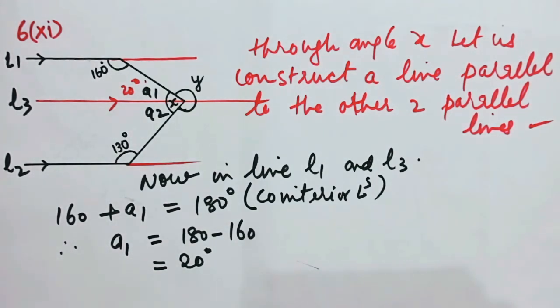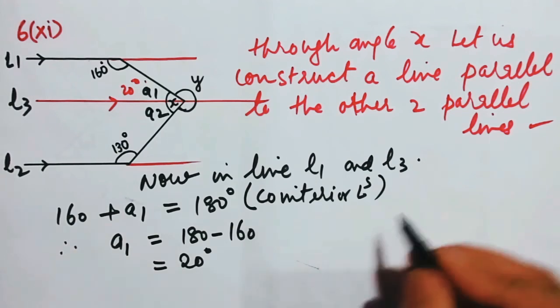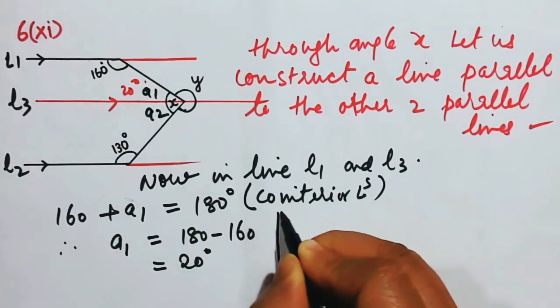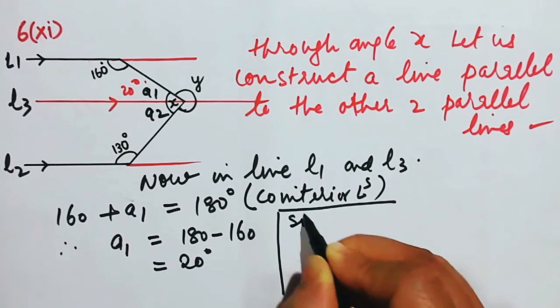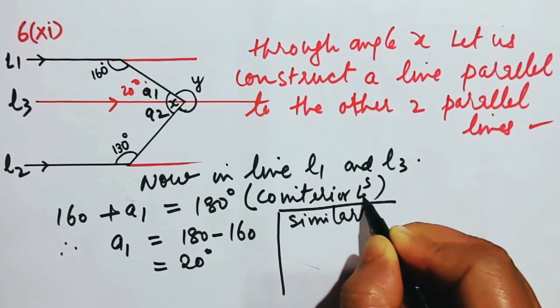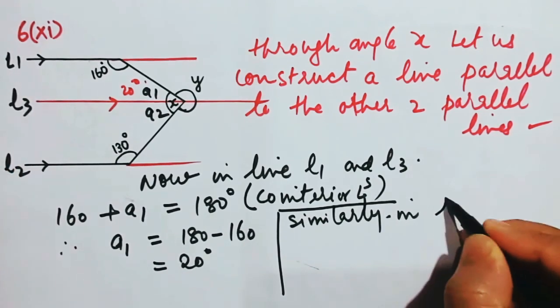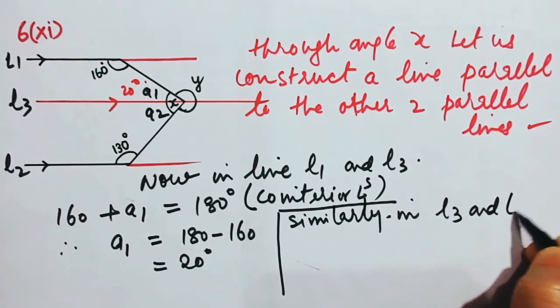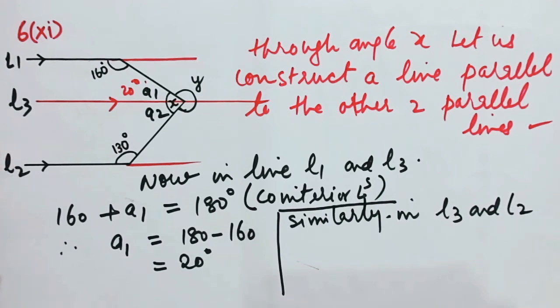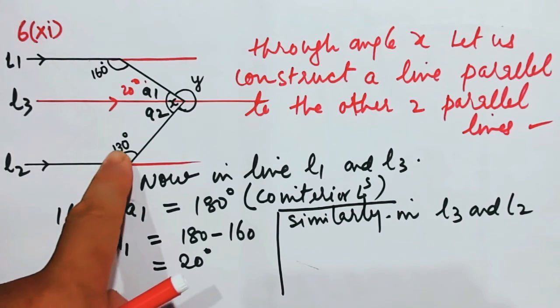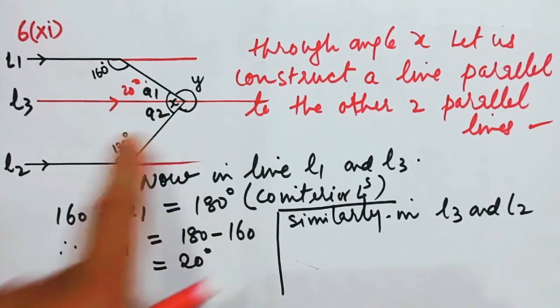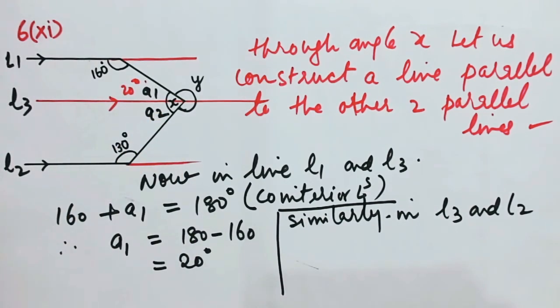Similarly, I'll mention here, in L3 and L2, considering these two parallel lines, 130 plus A2 is equal to 180 degree, isn't it?